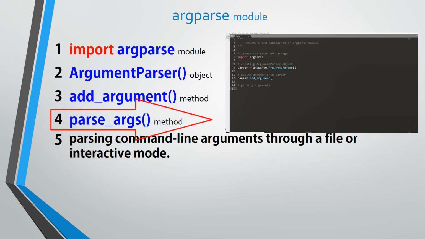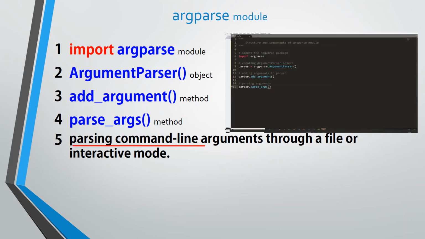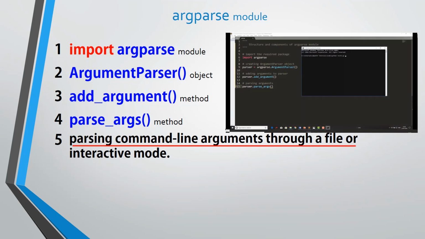It will convert argument strings to objects and assign them as attributes of the namespace, and returns the populated namespace. And the last one is parsing input arguments to the script via command line. Here the first is the Python interpreter invoking, the second is the script name, and the last is the argument parsing.